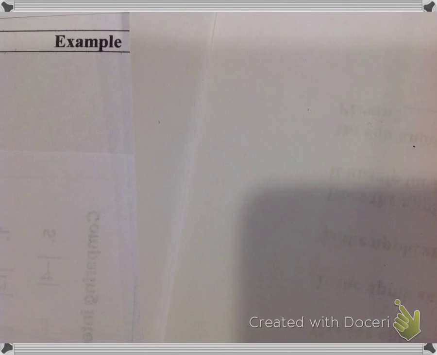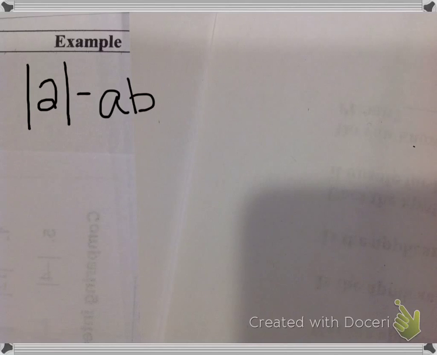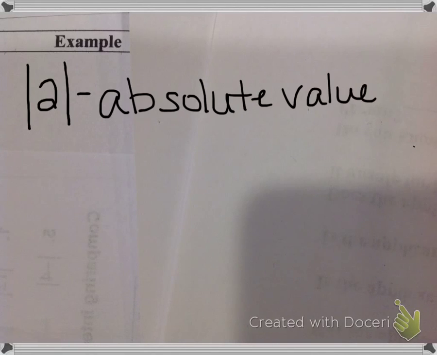Okay, first of all, there's a symbol for absolute value, and it looks like this. It has these little, like, goalie marks on either side, okay? So that question is asking you the absolute value of 2. The absolute value of 2 is 2, because 2 is 2 away from 0.